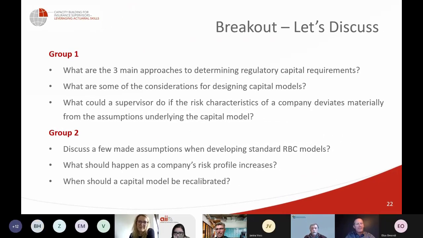Hello, welcome back, everyone. Those of you in the prior session, hopefully all of you, know we did not get to finish some breakout sessions. So we're going to start this session with the breakouts that we missed in the risk-based capital components presentation we just finished, and then we'll jump into the case study.